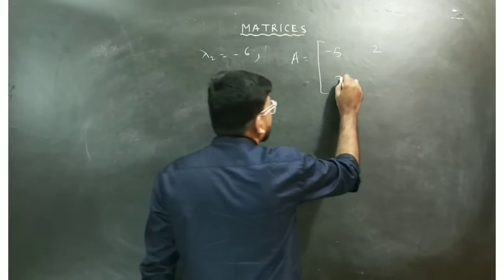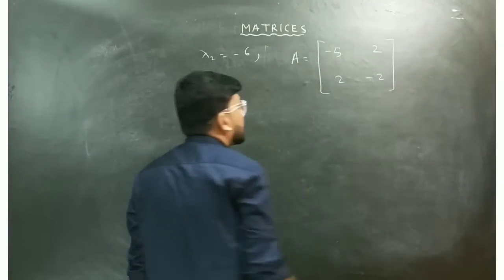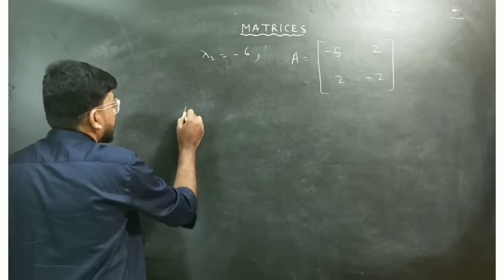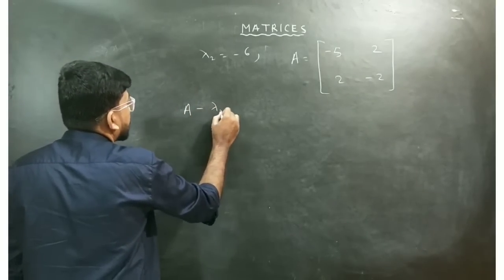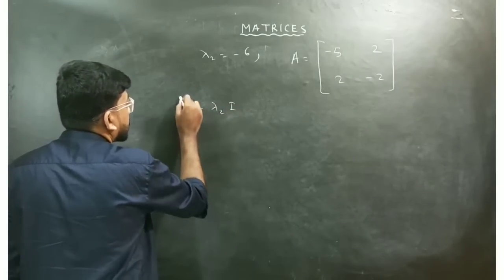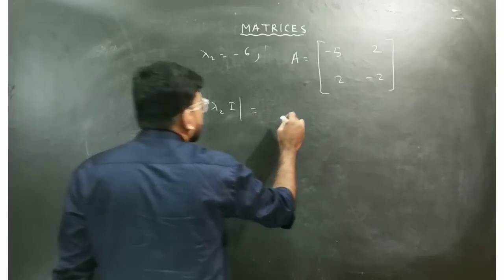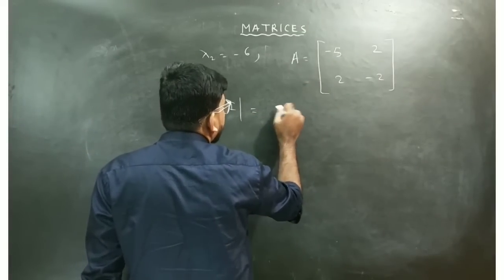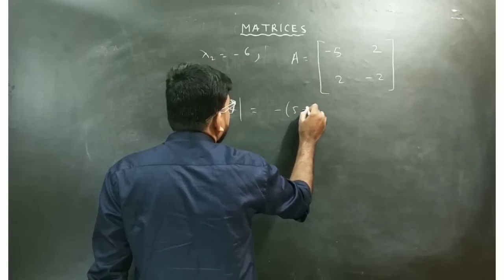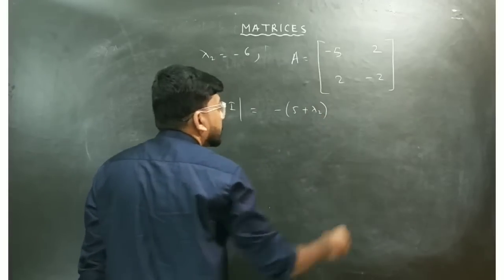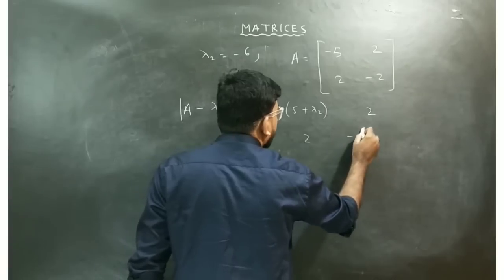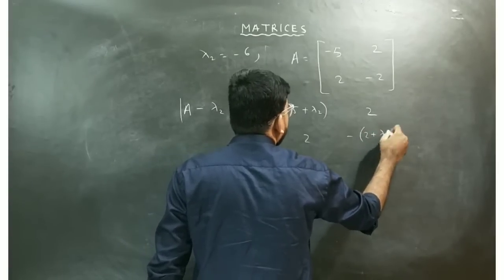Okay, so this is our A. Now again what we have to find out is A minus lambda 2 into I. So this will be minus 5 minus lambda 2, that means minus 5 plus lambda 2 becomes, and 2, and minus 2 plus lambda 2.